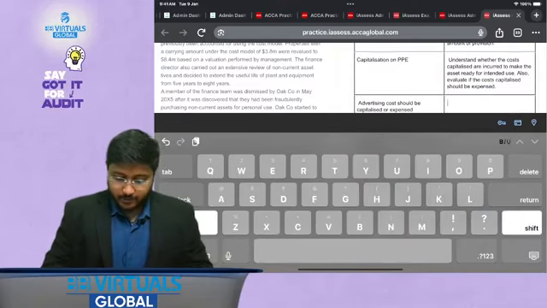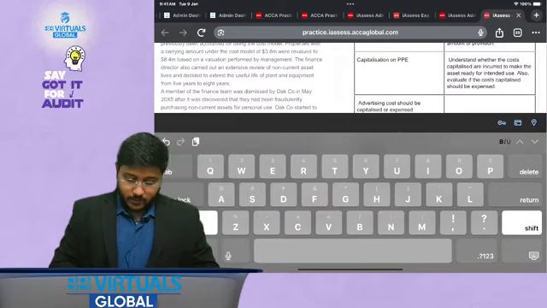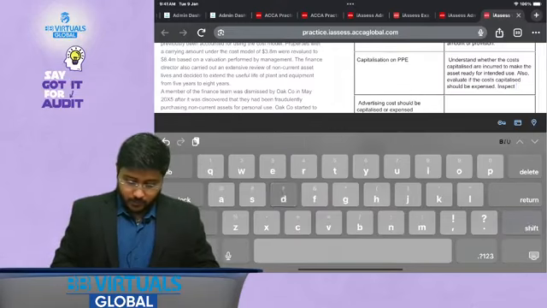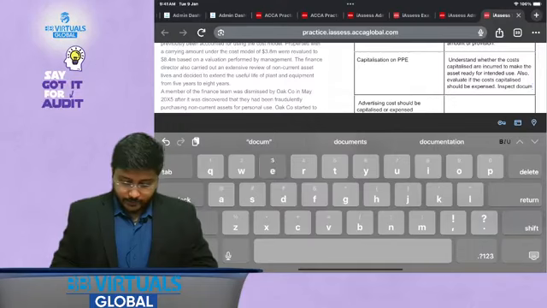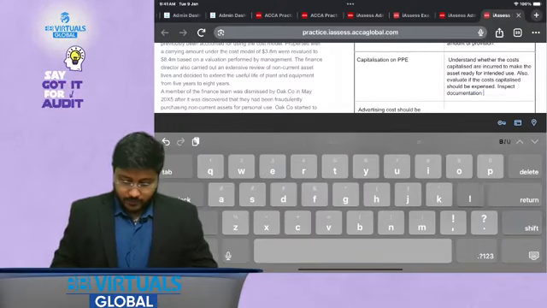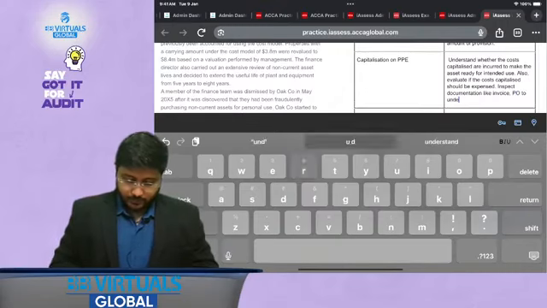Okay, then advertising cost should be capitalized or expensed. Okay, this will be inspect documentation like invoice, PO to understand the items.